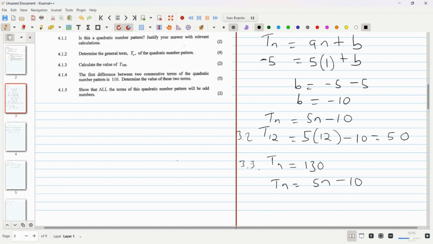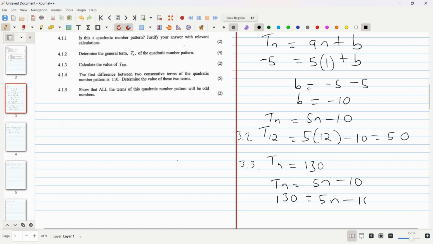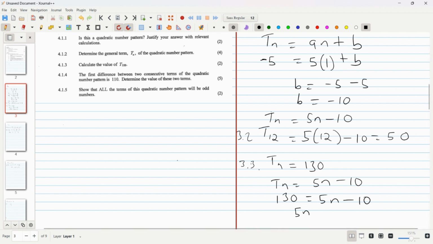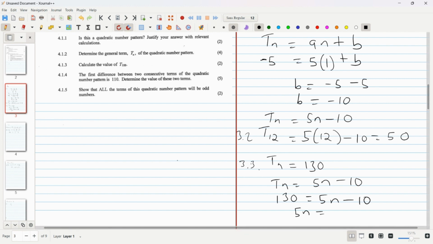And then our value of Tn will equal 130. So this will be 130 equals 5n minus 10. And then we have 5n equals 130, and this negative 10, when it goes to the left hand side, will be plus 10. So 130 plus 10 is 140.